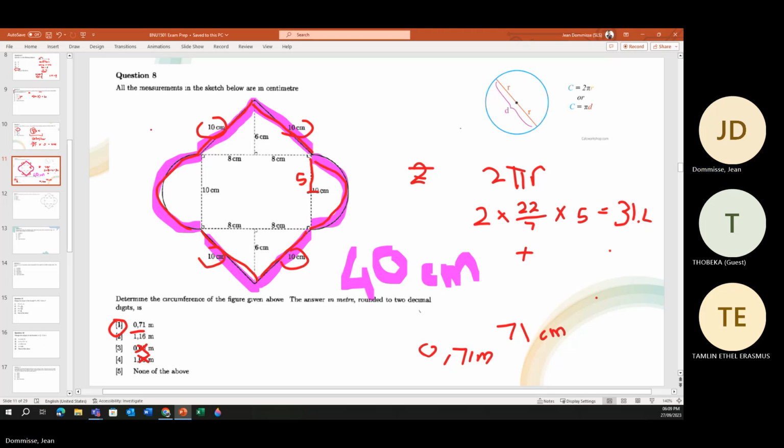But for this one, we basically took the 2 sides that were available, and then we needed to work out the circumference of half a circle, plus another half of the circle, so actually the full circle.